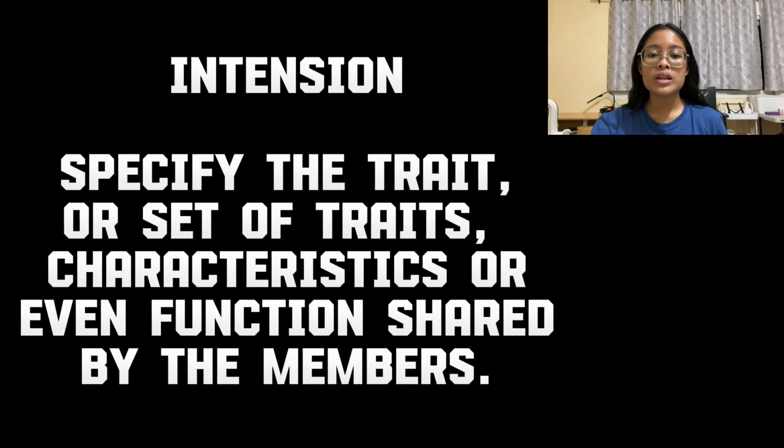And second, you may specify the trait or set of traits, characteristics, or even function shared by the members. It indicates the internal content of a term or concept that constitutes its formal definition. These are called the intension of the concept.